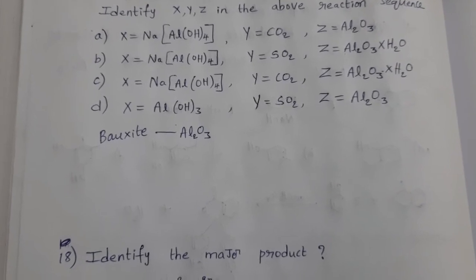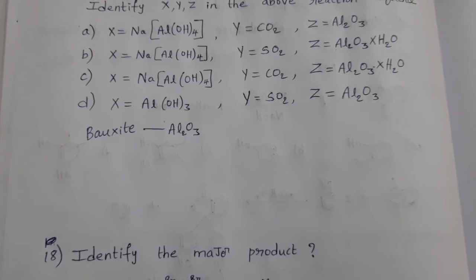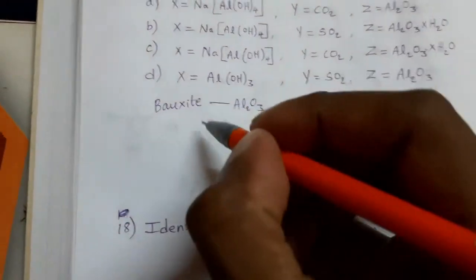That sodium aluminate is treated by passing carbon dioxide gas. Then we get hydrated alumina. Okay, see the reactions.